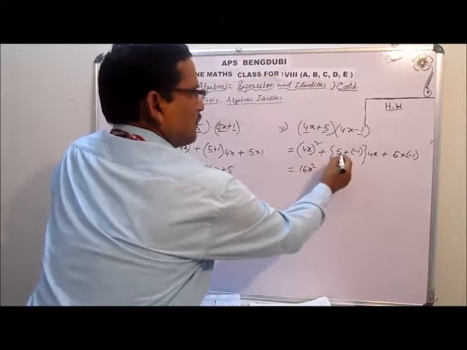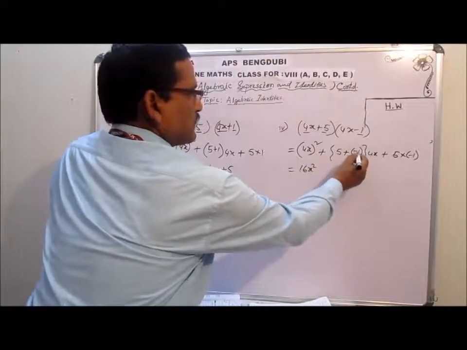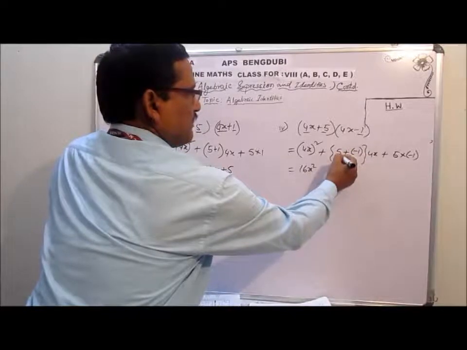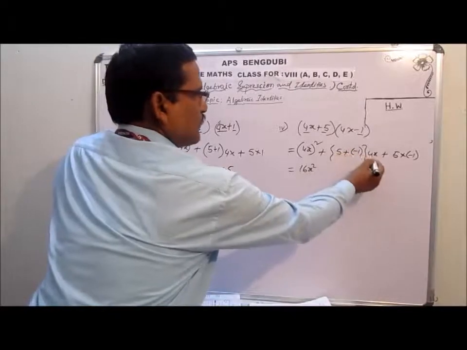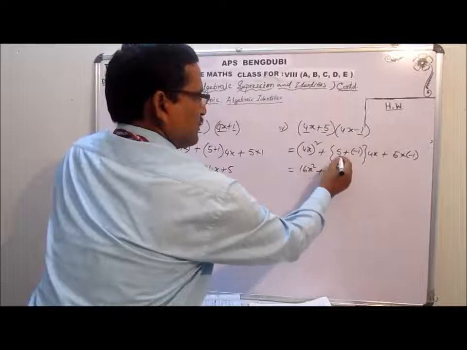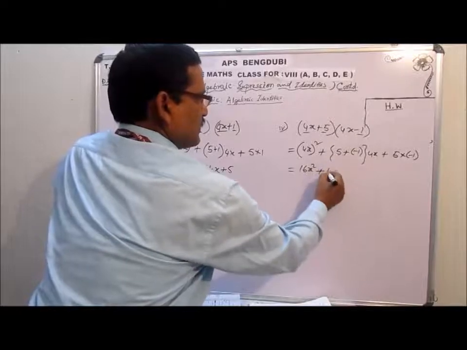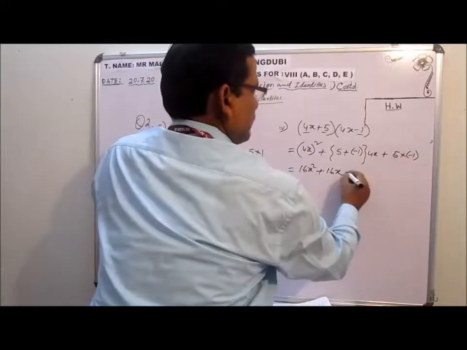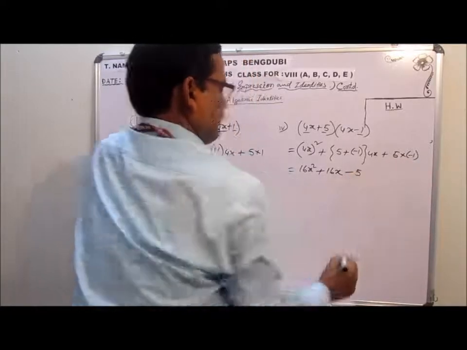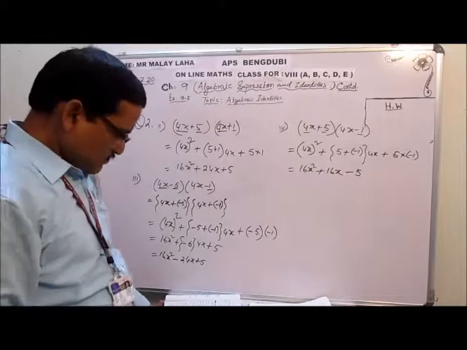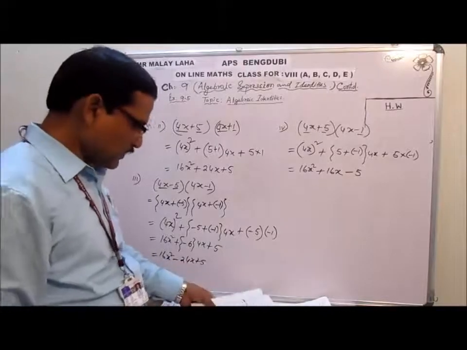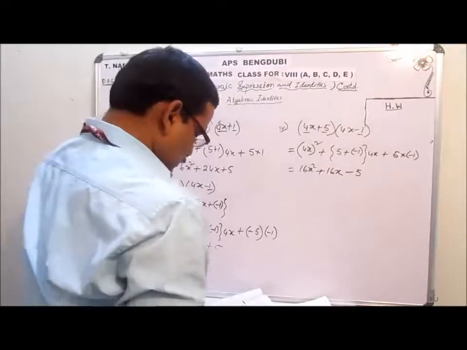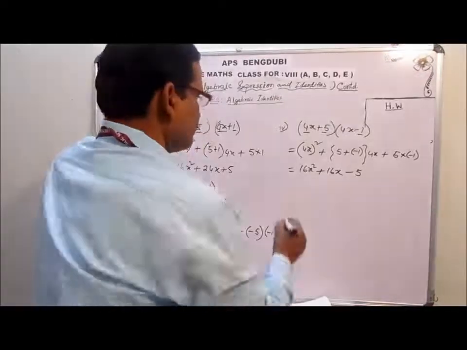Now plus, minus 1 from 5 will be 4, 4 into 4x, 16x, positive, because 5 is greater. And plus minus 5 into 1 is minus 5. Any doubt?